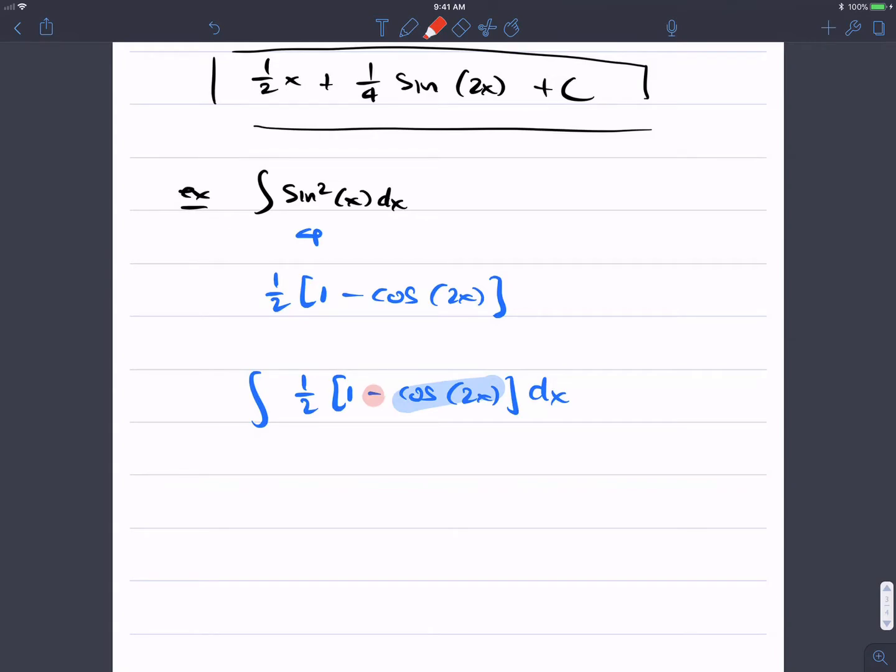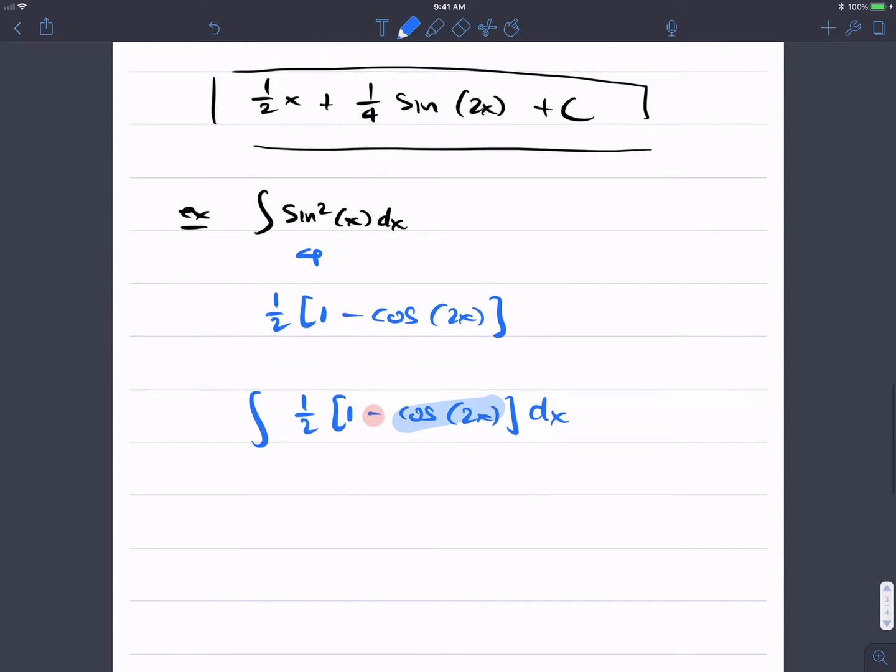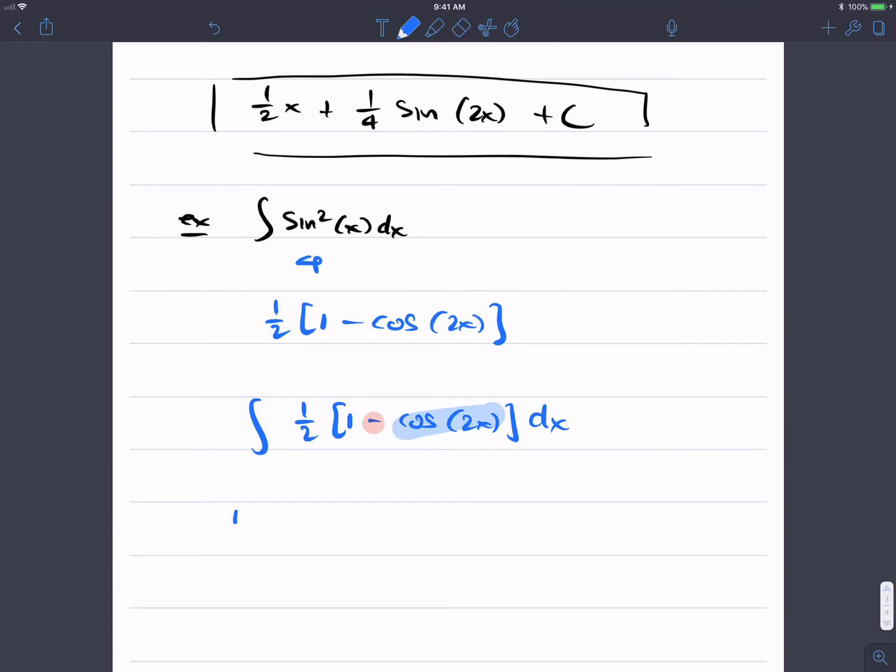So at the end of the day, I can look above my answer, and by the same exact process, properties of integration, and then u sub, we'll end up with 1/2 x minus 1/4 sine 2x plus c here.